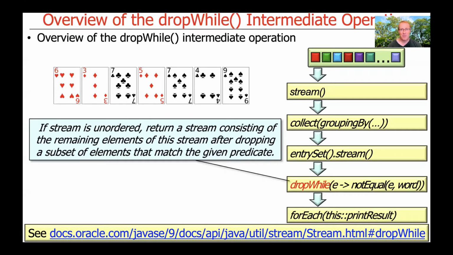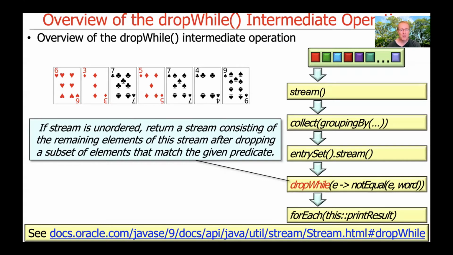Is it coming from an unordered collection, such as a HashSet, which is not ordered? That's one way to distinguish between ordered and unordered. Those are what are called encounter order distinctions. And then also you can actually have an intermediate operation that's used in a stream called unordered. And it says ignore ordering at this point.